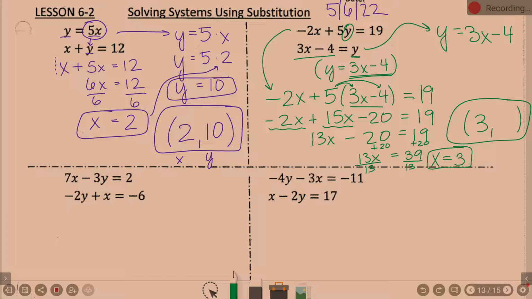So I'm going to use y equals 3x minus 4, and plug in x equals 3. So y equals 3 times 3 minus 4. 9 minus 4 is 5. So y is 5. So we then have the ordered pair 3 comma 5.